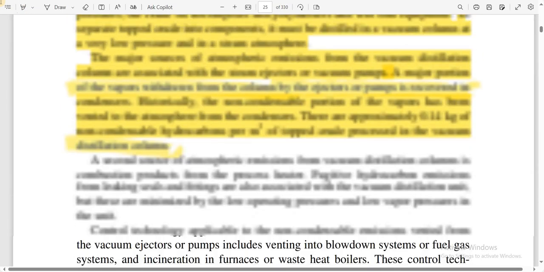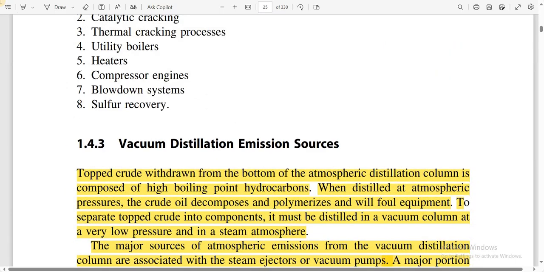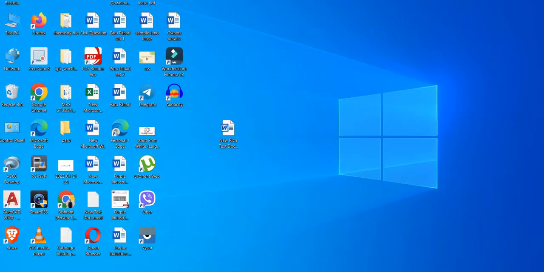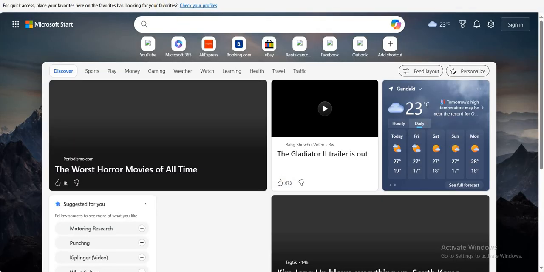So let's see what a vacuum distillation column looks like. Okay, so we should know about this, right?